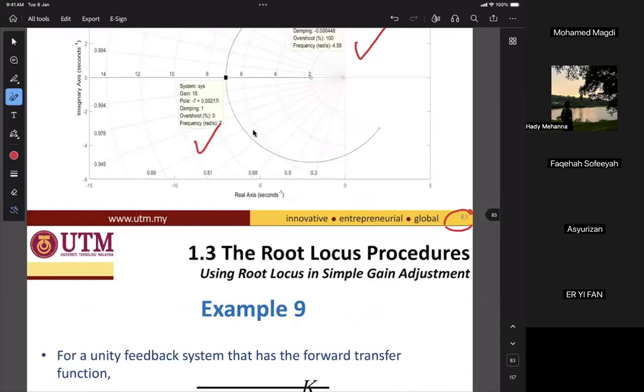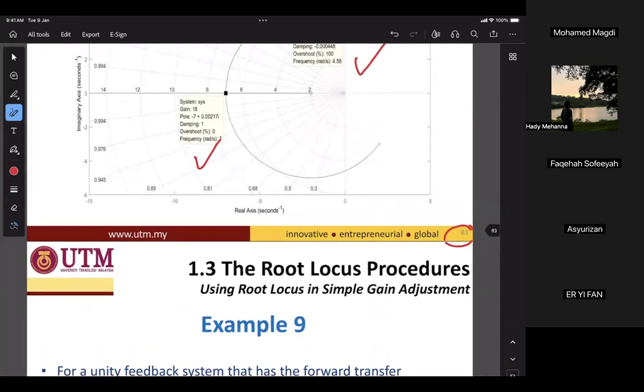So now is for the attendance. Do you have any question, guys? Any question? Section 7 first.